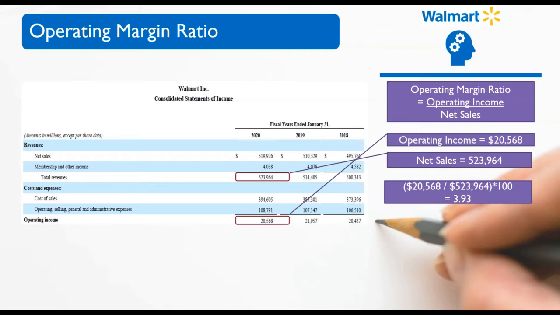So this tells us that Walmart retains around $3.93 of profit for every $100 of its sales. When we compare this to Amazon, we can see that Amazon has a higher operating margin. This is because its operating margin hovers around 5%, whereas Walmart has a slightly lower operating margin at around 4%. The key point here is that Amazon has a higher return on sales and is more profitable.